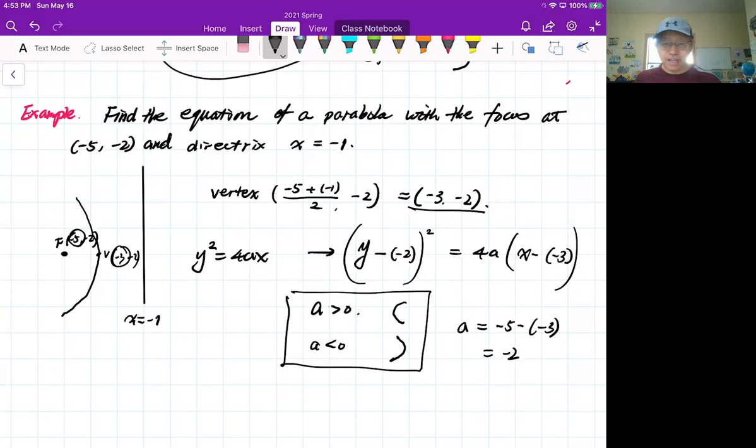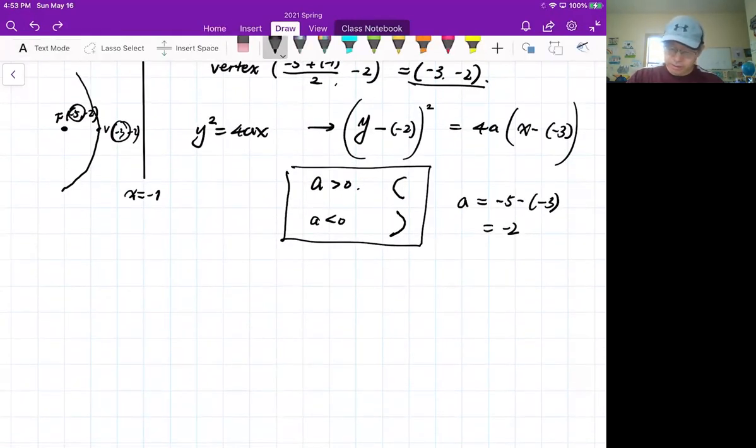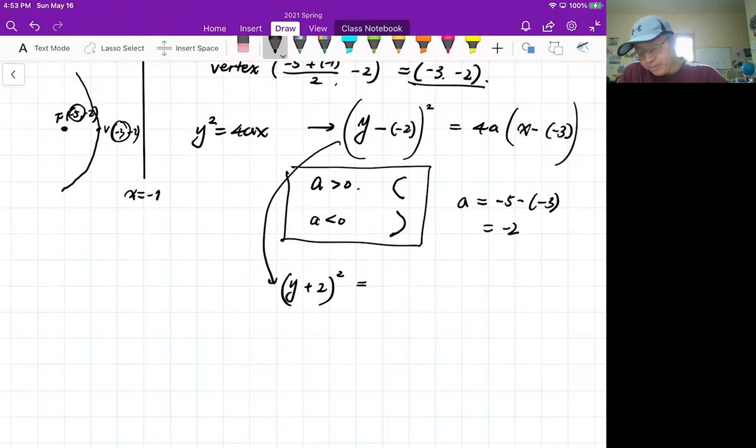And so the answer is the following. You get y plus 2, because it's -2, take a square, equals 4 times a, but a is equal to -2. So it's -8. And x minus 3 is x plus 3.